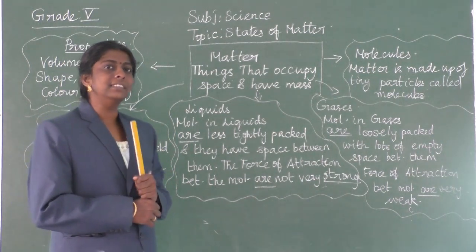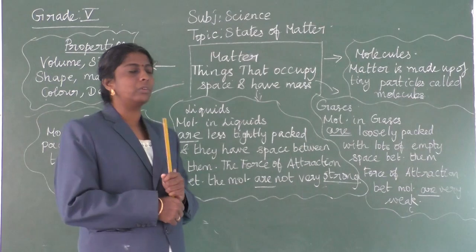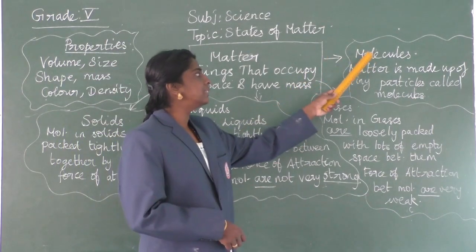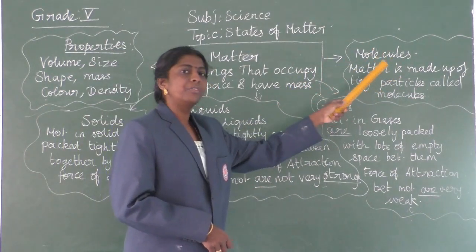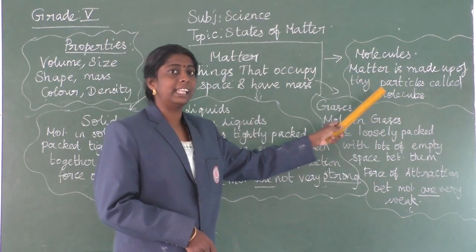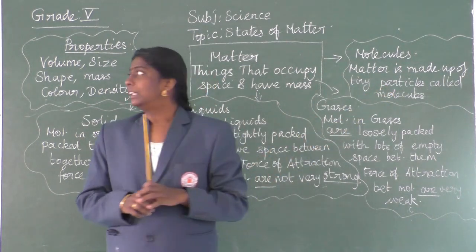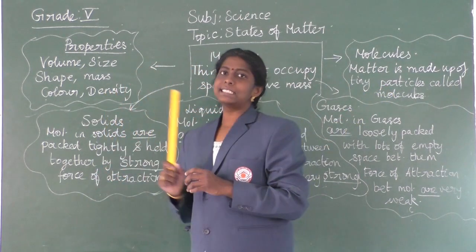Okay, so this matter is made up of molecules. What do you mean by molecules? Matter is made up of tiny particles called molecules. Next is the properties of matter.